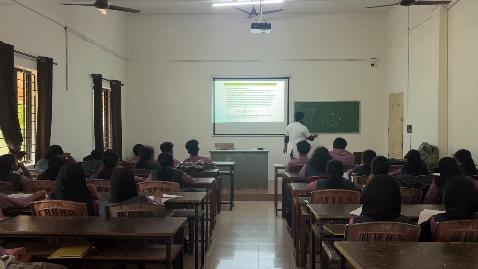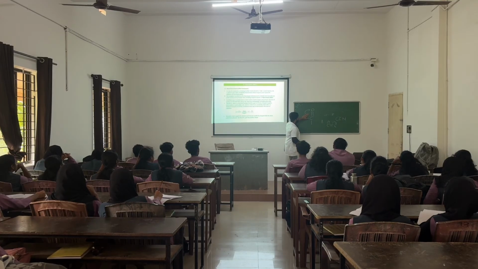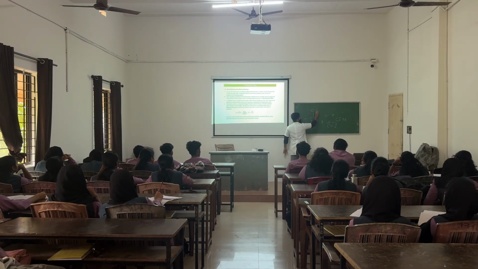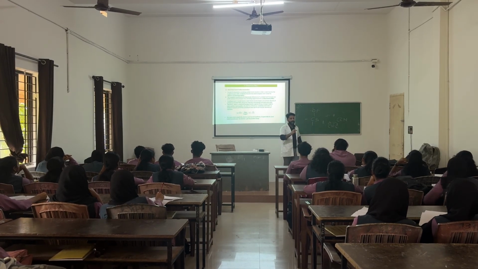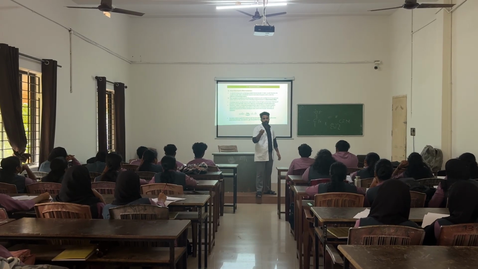So after this electromeric effect, this carbon will get a partial positive charge and oxygen will get a partial negative charge. This indicates that this oxygen accepts the pi electrons.